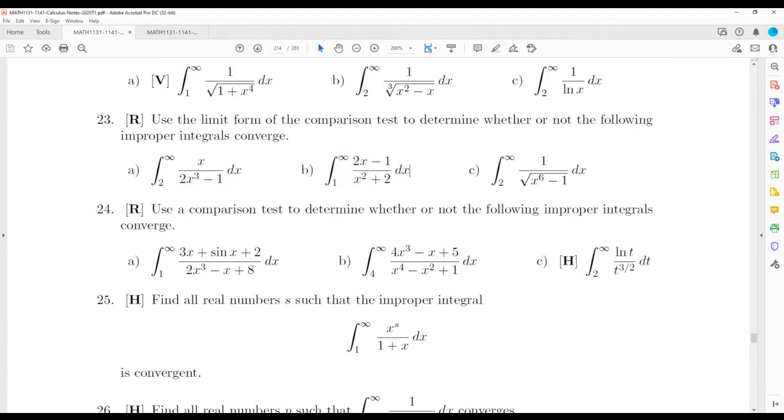What do you think happens in 23B? Okay, if you don't know, just have a guess. It's not a test.